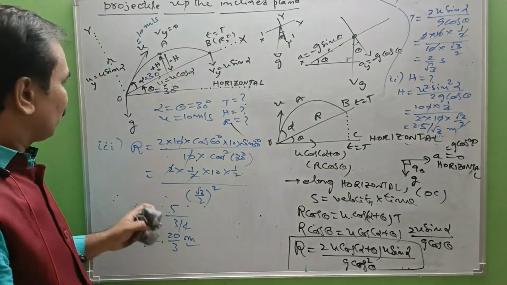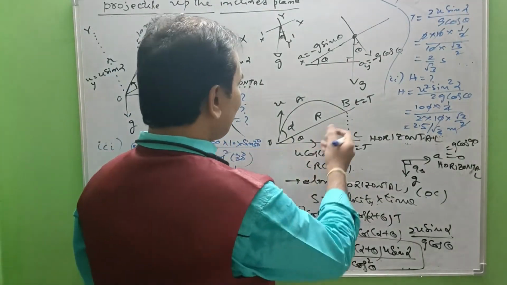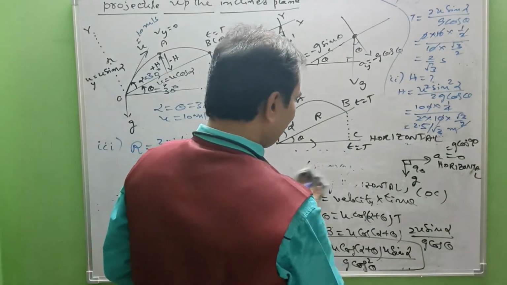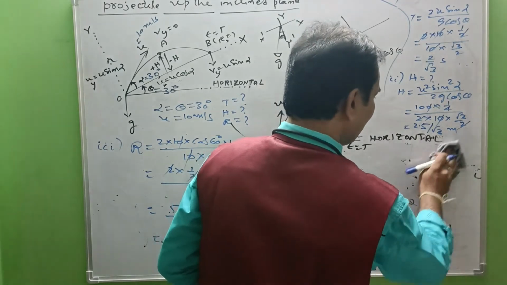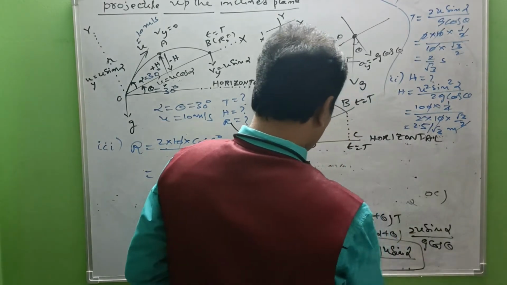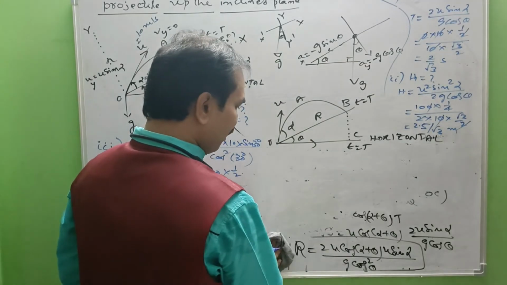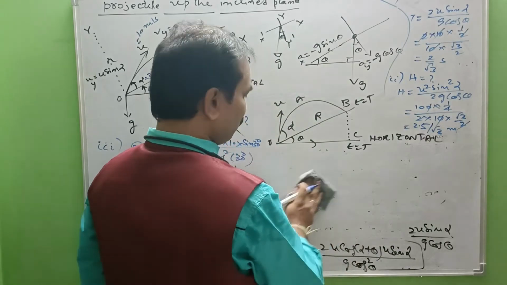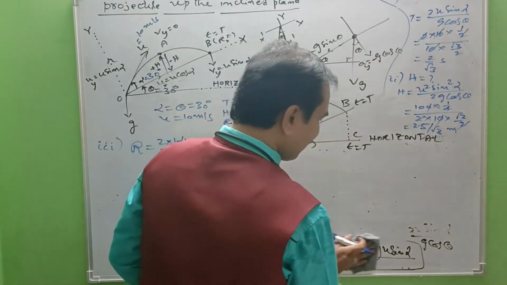Suppose a body is projected up the inclined plane with some initial velocity u, making an angle alpha with the inclined plane.